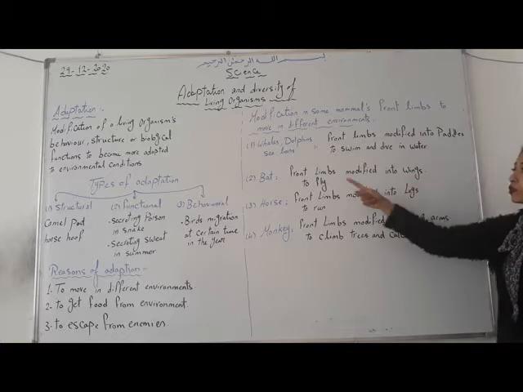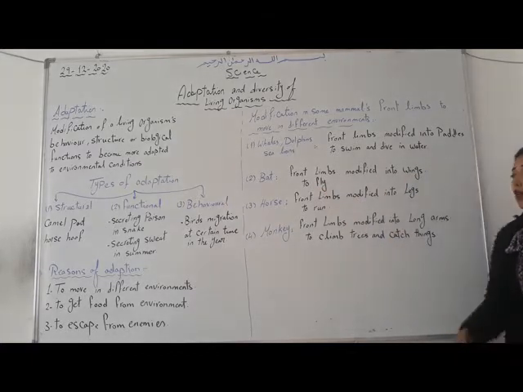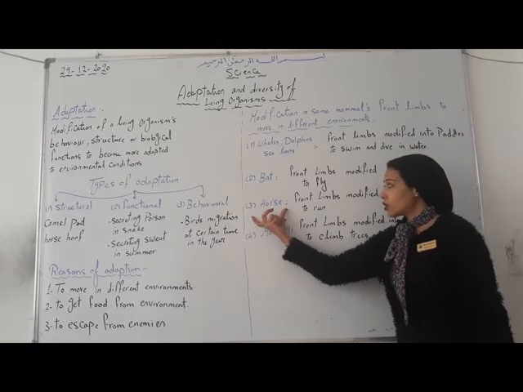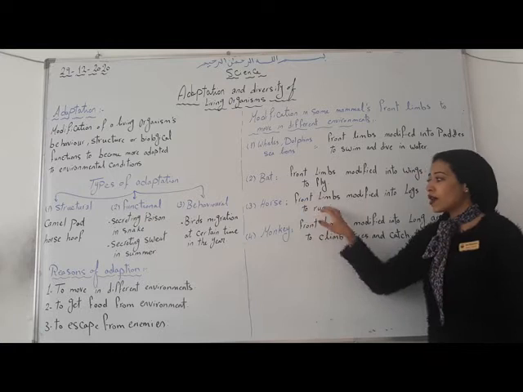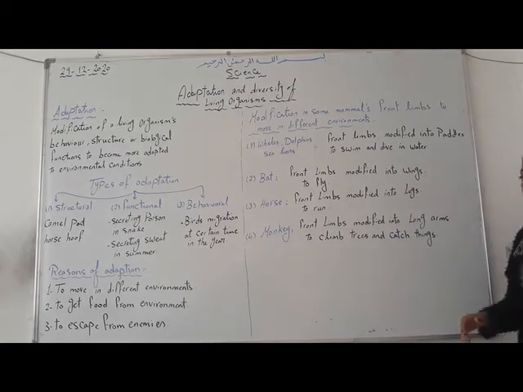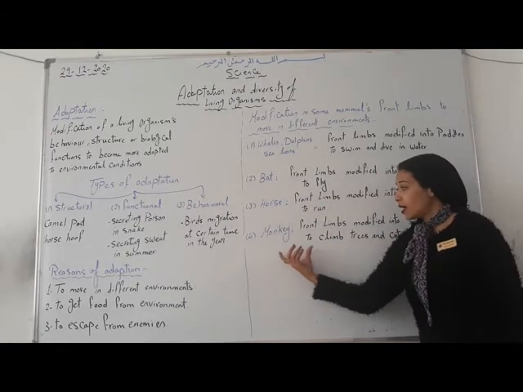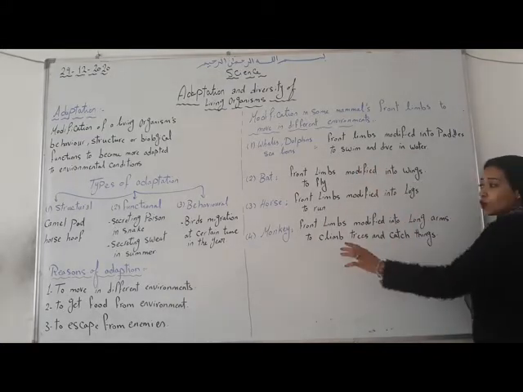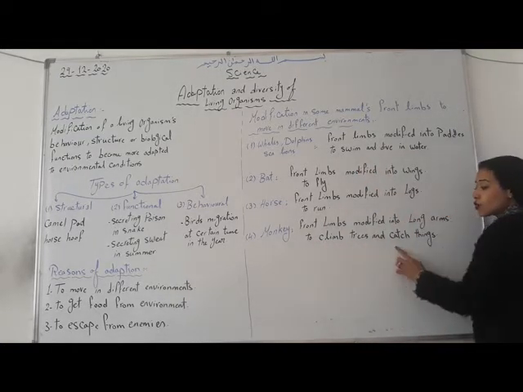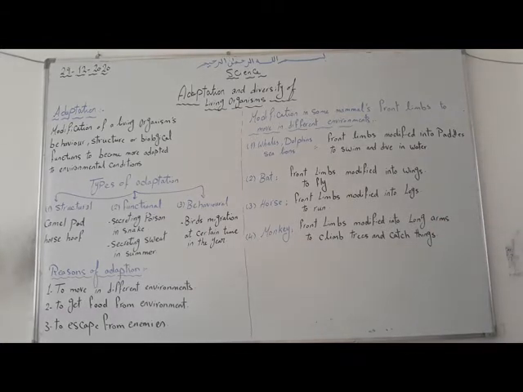To help it to fly. The front limbs of the horse are modified into legs. Why? To help it to do its function of running. The front limbs of monkeys or gorillas are modified into long arms. Why? To help them climb the trees or catch things.